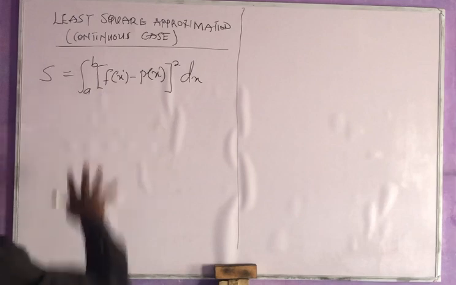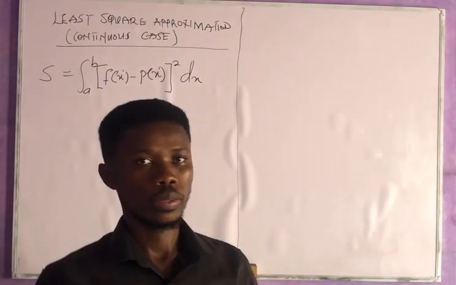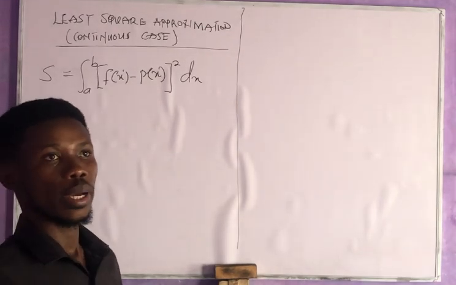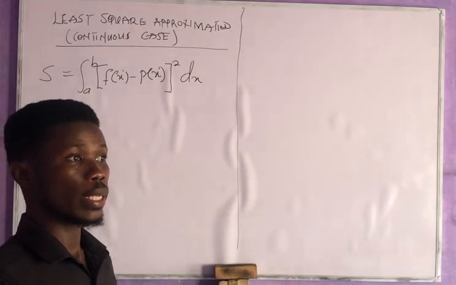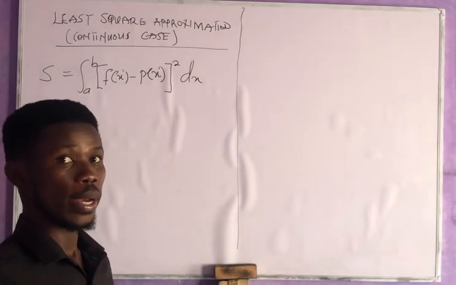I hope you have seen this formula before when you were dealing with the discrete. Just that for the discrete, we're looking at the summation of it, but here we want to look at how we can minimize the error. So we looked at the integration part of it, that is the area.